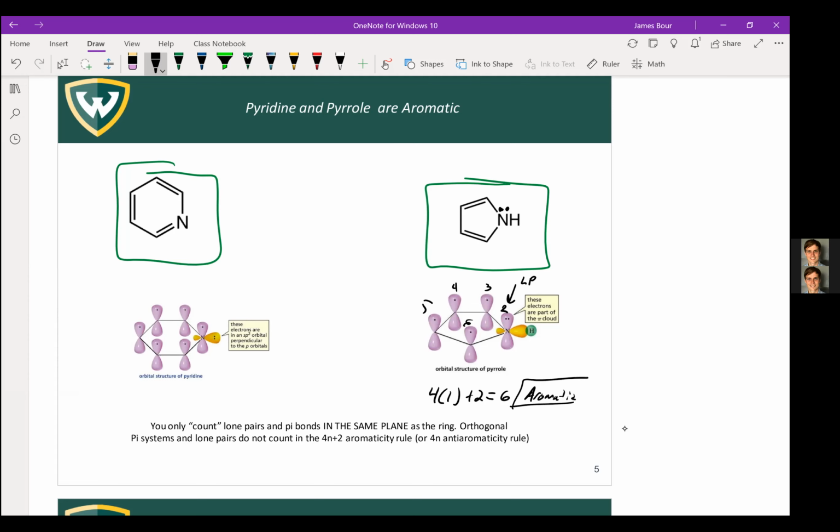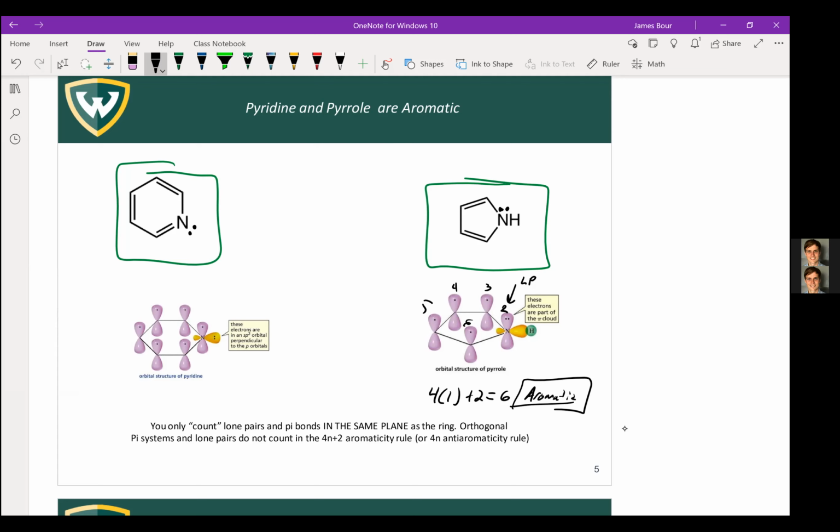However, we don't just count every single lone pair on every single atom that's part of the ring. The lone pair has to be of pi symmetry, and it has to line up with the other p orbitals. It has to be in the same plane. So if we look at this lone pair on pyridine, because the nitrogen in pyridine is neutral as drawn, it's implied by its structure, we know that it has a lone pair.